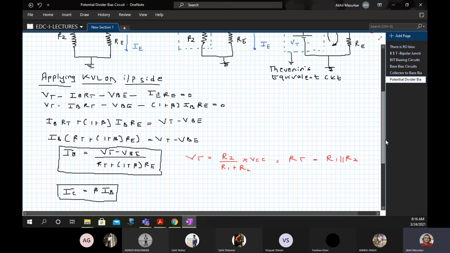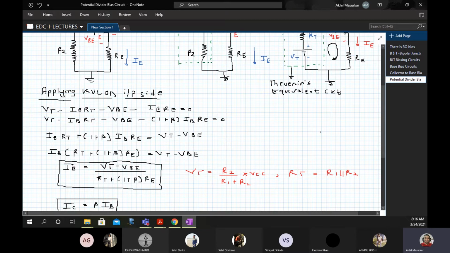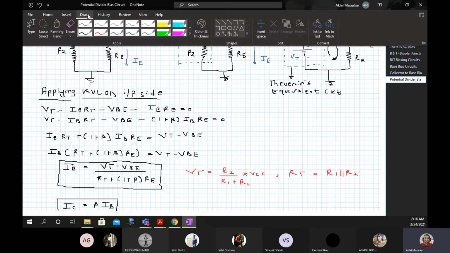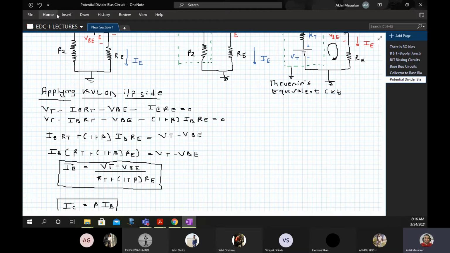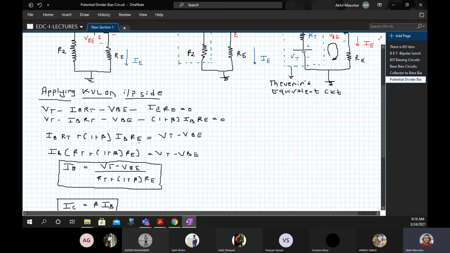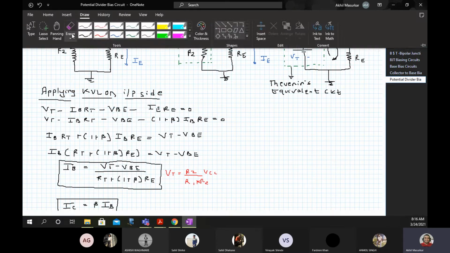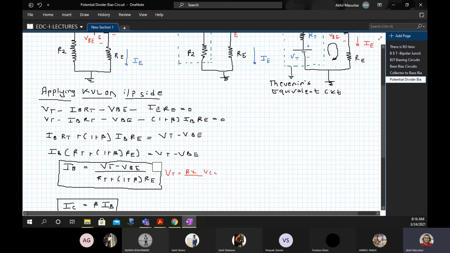So just copy this. Let's write this here. VT is equal to R2 upon R1 plus R2 into VCC. Just saving some space.